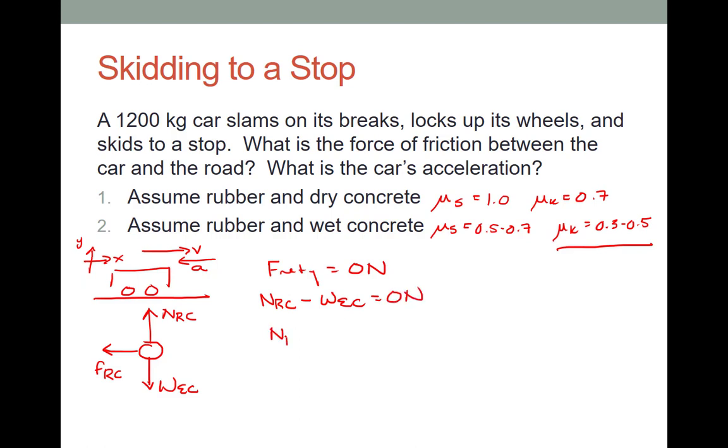This gives me that the normal force on the car equals the car's weight, which is the mass times gravity. Given a 1,200 kilogram mass and 9.8 meters per second squared for gravity on Earth, this tells me that the normal force between the car and the road is 11,760 newtons.